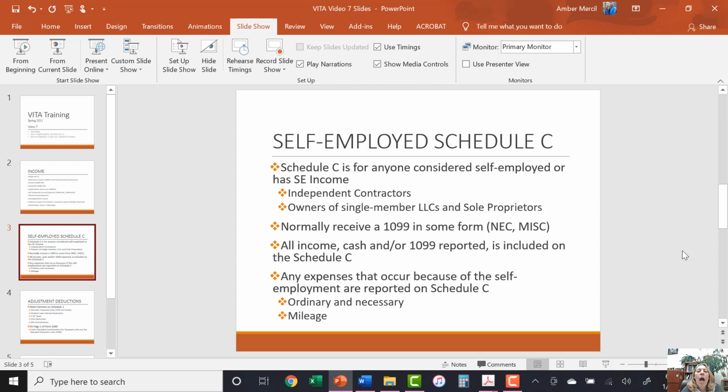Okay, so the profit on Schedule C earnings. Profit simply means earnings less expenses. Okay, some people don't have many expenses.